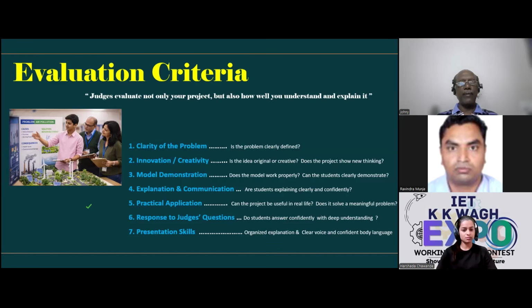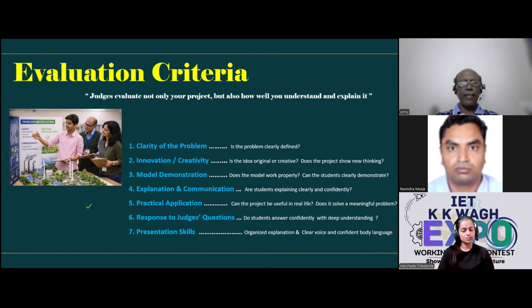If you are not able to clarify, to begin with, what is the problem you are trying to solve with this project, if that is not explained in the very beginning itself, the project presentation loses its charm. You have to explain what problem this project is trying to solve. You have to explain in a crisp manner.